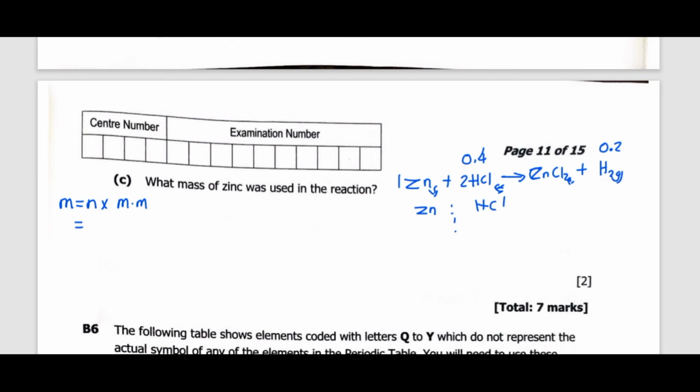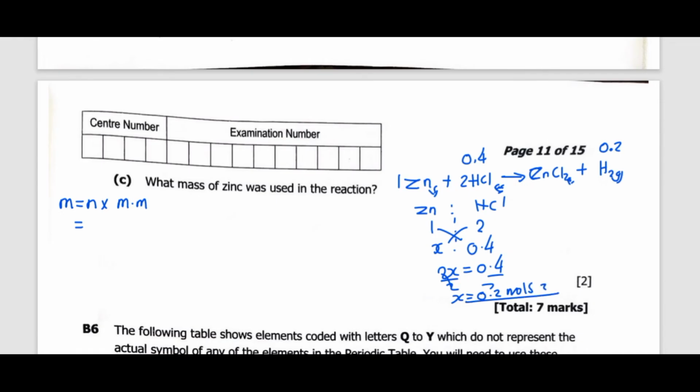Zinc has a mole ratio 1 here, then here we have 2, then the number of moles we have is 0.4, we put X. So now 2X is equal to 0.4, so X is equal to 0.2 moles of zinc.